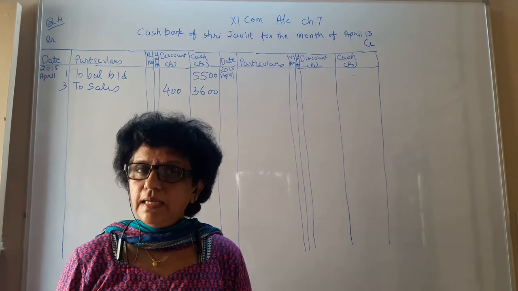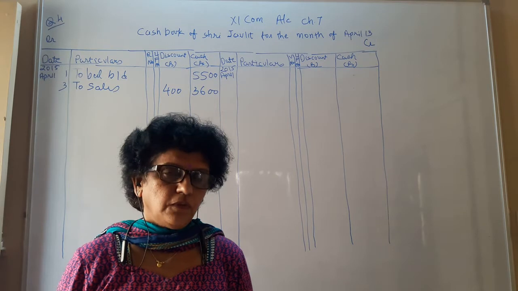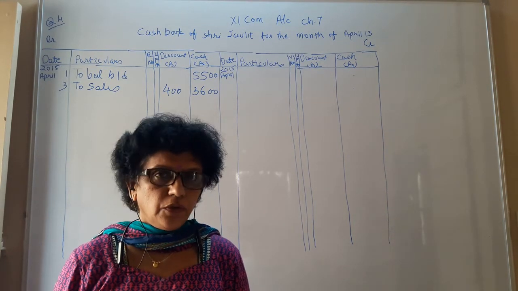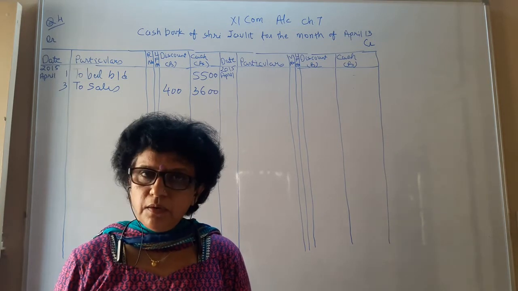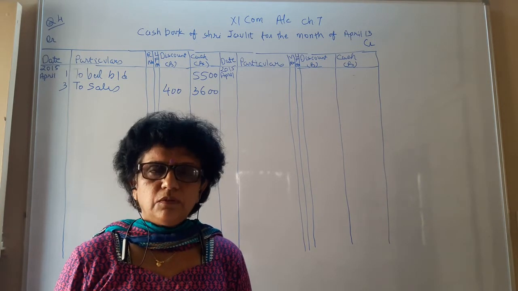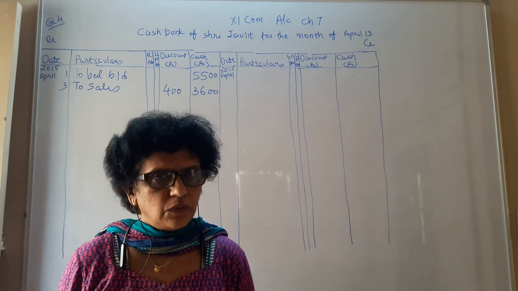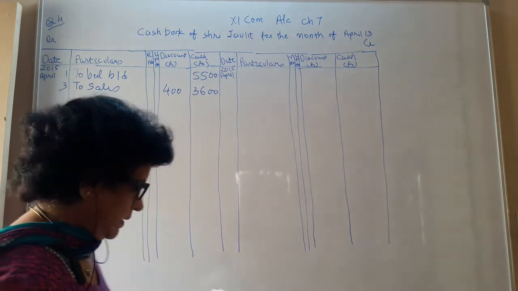On the fourth, goods of 3000 sold at 10% trade discount. Now here underline trade discount. Trade discount is not to be recorded in books of account. So we will reduce the amount but we will not record it in our discount column. So you have 3000 minus 10%, so 300 less, and the actual transaction amount is 2700. 300 is a trade discount, not to be recorded.